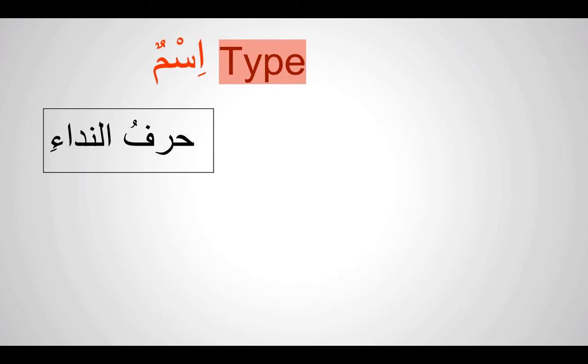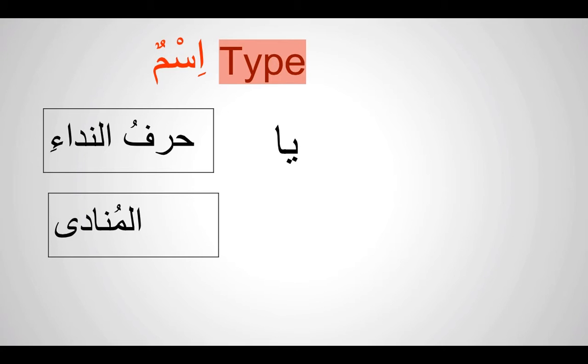What is the harfu nida? The particle which is used to call people, to call attention, is called ya. Ya is called harfu nida, and the word which comes after ya is called munada.